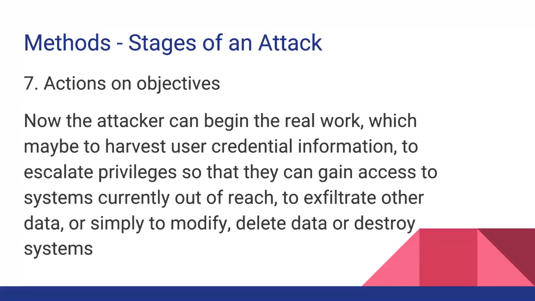When we say escalate privileges, it means that from a normal user, without having access to secret or top level files, or maybe files that require root access or admin access, you now place yourself as an admin. That is escalating, right, going up, so that they can gain access to systems currently out of reach to exfiltrate other data, or simply modify and delete.